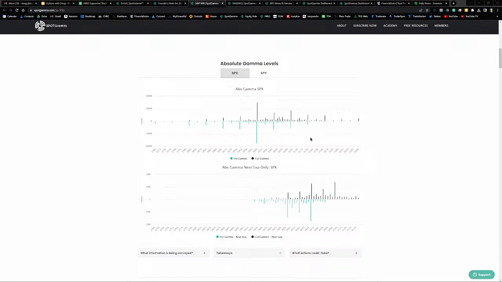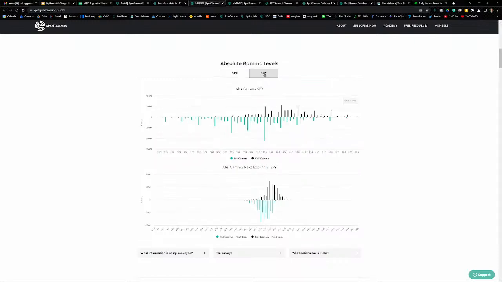One thing to note here is the predominance of call gamma, most of the call gamma located above the 4,000 level, from 4,000 to 4,200, and mostly put gamma down below the 4,000 level. So that's SPX.